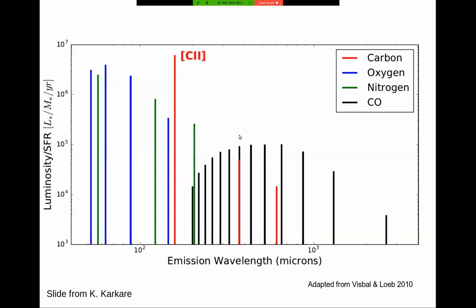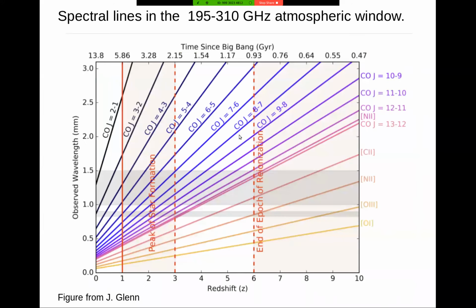All right. And so you can ask, where do these lines fall in the atmospheric windows that we're able to observe from Earth? And so the atmospheric windows are basically determined by the gases and water in the atmosphere.